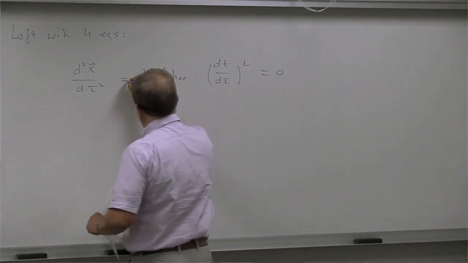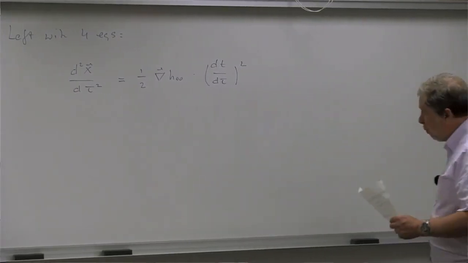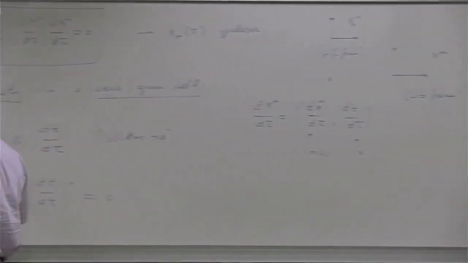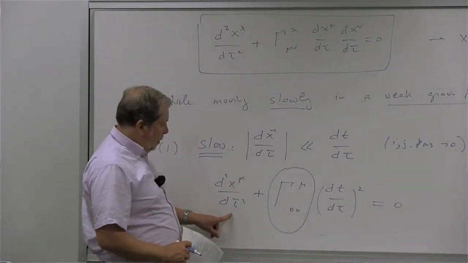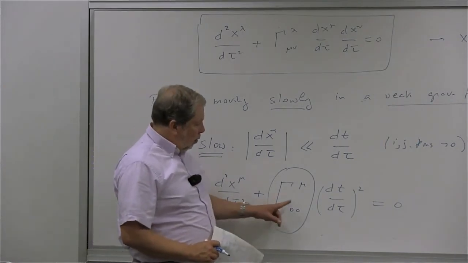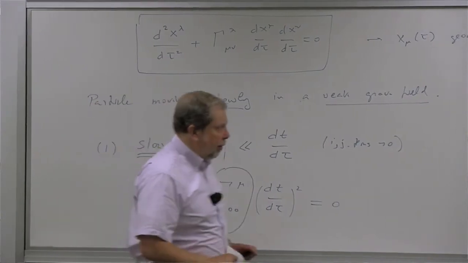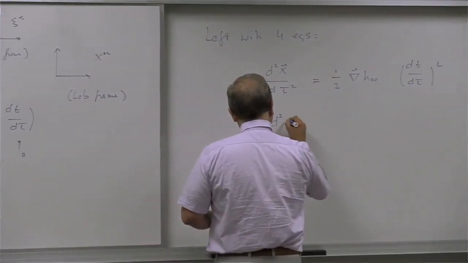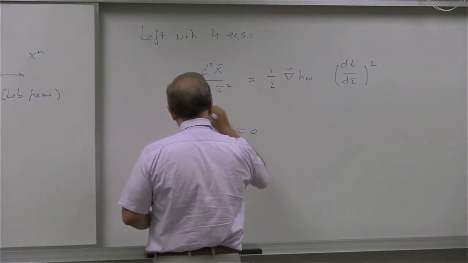And the second equation is the one that we get when mu is equal to 0. So we get that the second derivative of t with respect to tau squared is equal to what's left over on this side. But gamma naught naught naught is equal to 0 because the fields are weak and time independent. So we have that the second derivative of t with respect to tau squared is equal to 0.